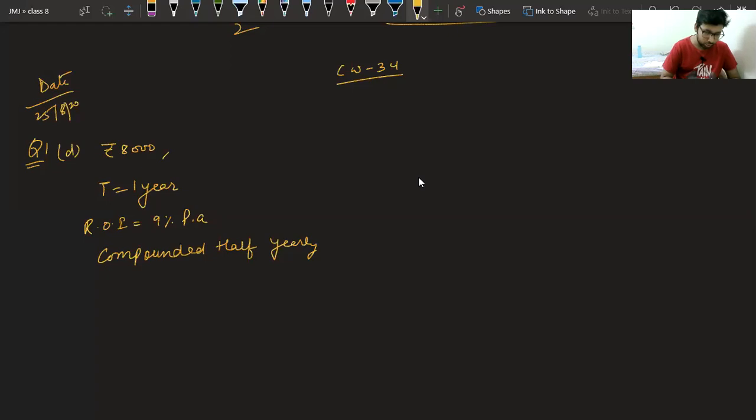Yes, class, is this the question you are having issue in, Vardhan? First tell me, as we are compounding half yearly, what will be the change in time period? We will have 2 half years, so n will become 2 into 1, that is 2 half years.